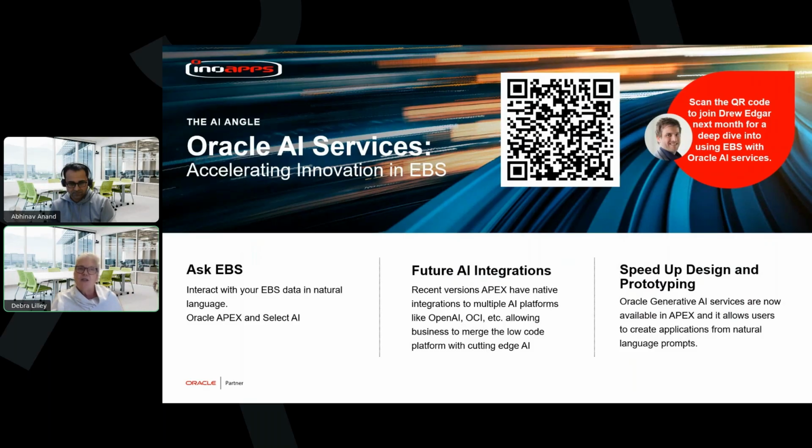We're just going to give a summary on that because we did a webinar earlier in the year doing that in detail. But we want to show you other ways of consuming some of the Oracle AI services using APEX and bringing this into EBS. And there's some quite clever things that we're doing that I think you'll find very interesting.